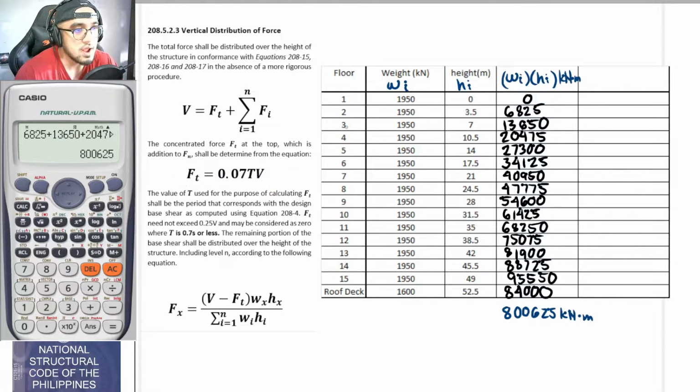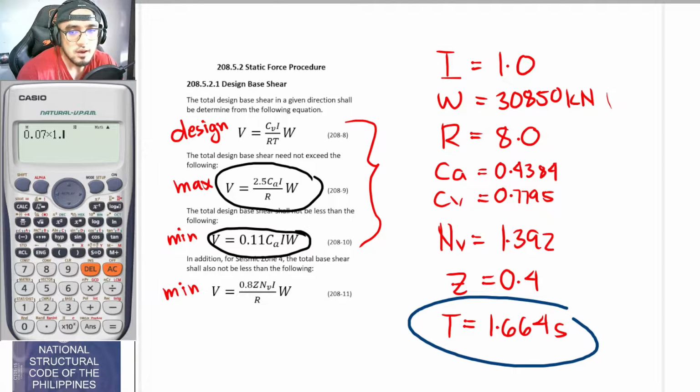So for the value of FT, I would just be writing it beside it here already. So I wouldn't be writing the solution for it. Just look at the calculator to your left. So FT is equal to 0.07 times the period, which is 1.664, I should say.